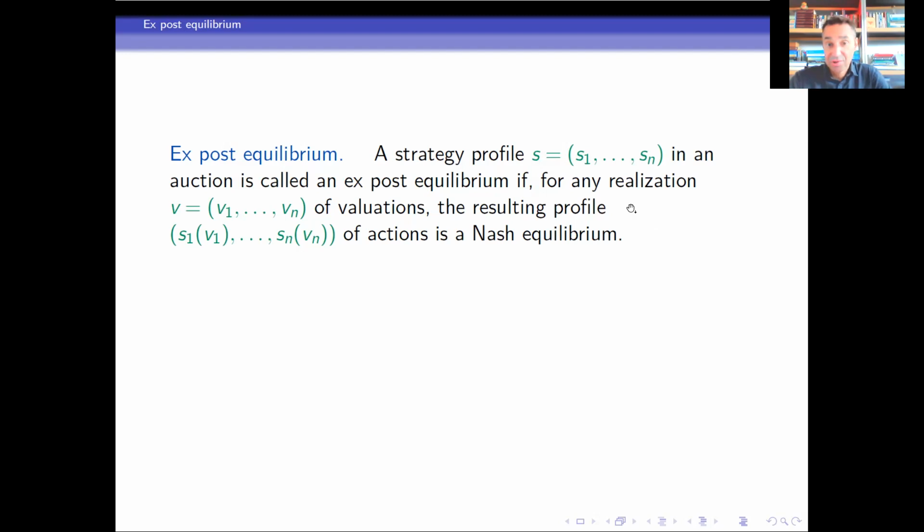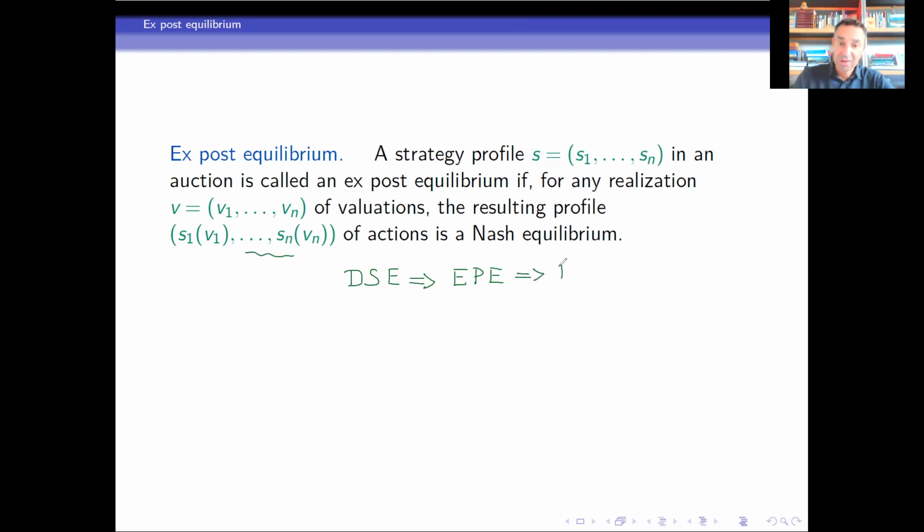Yeah, so of course it's clear that a dominant strategy equilibrium is indeed an exposed equilibrium, because in a dominant strategy you play best response against anything, so in particular against what other people are bidding in the equilibrium.